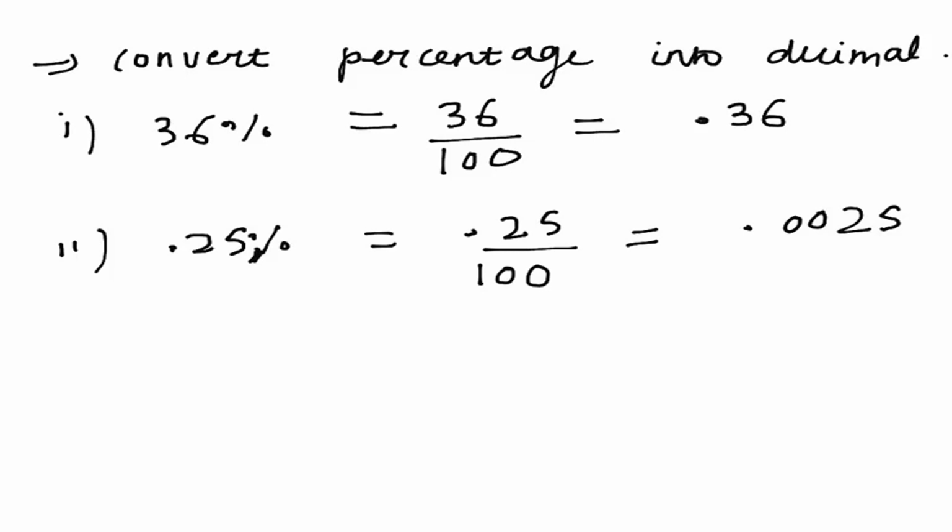So till now, we have learned all types of conversions. On the basis of that, we can have questions like, first we have to find 8% of 125. In such a question, we remove the percentage sign and convert into fraction form.